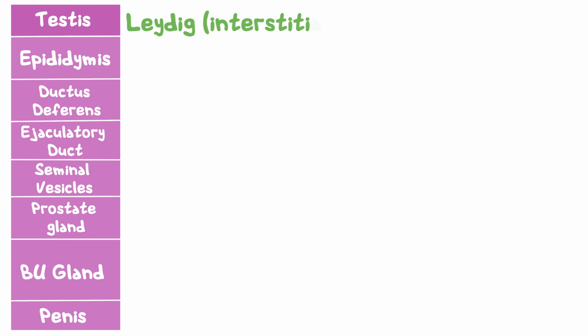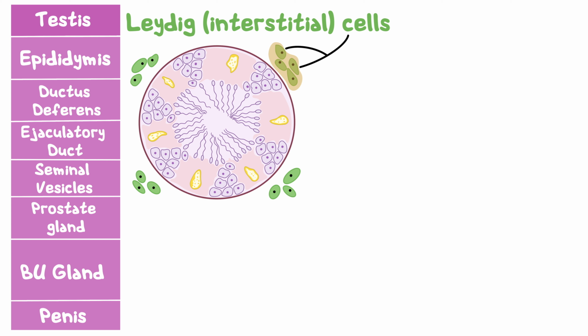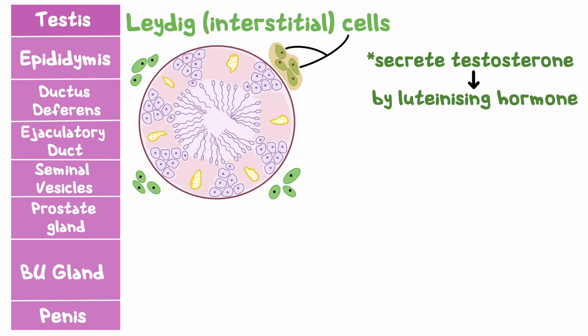Leydig cells are endocrine cells in the loose connective tissue around seminiferous tubules, and they secrete mainly testosterone. The Leydig cells are stimulated to produce and secrete testosterone by luteinizing hormone secreted by cells in the anterior pituitary gland. Testosterone enters the circulation and stimulates secondary sexual characteristics, including skeletal muscle development and the pattern of hair growth.